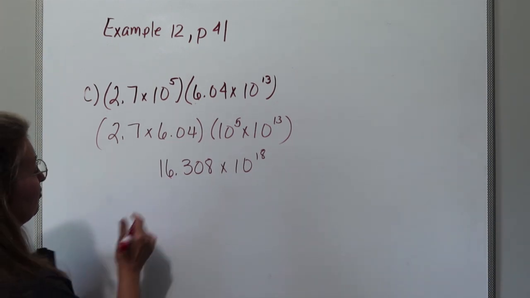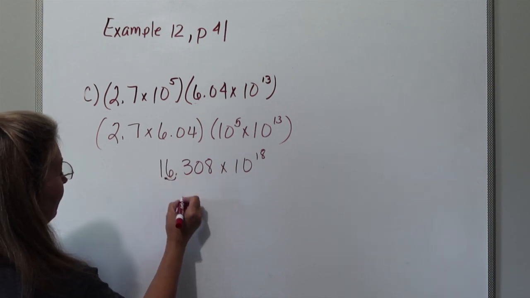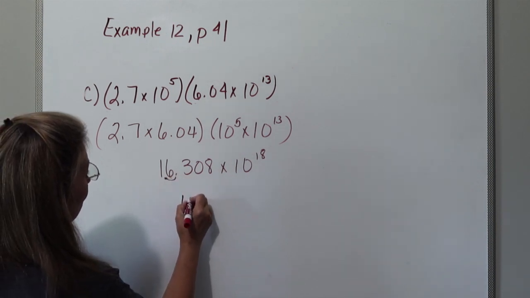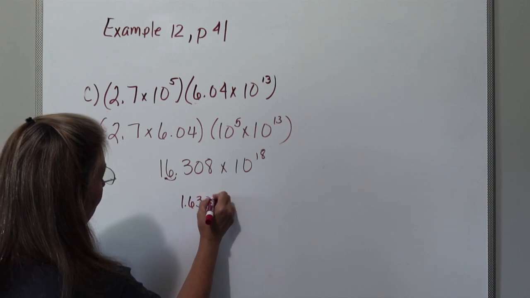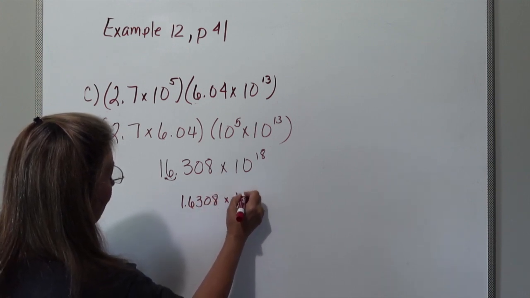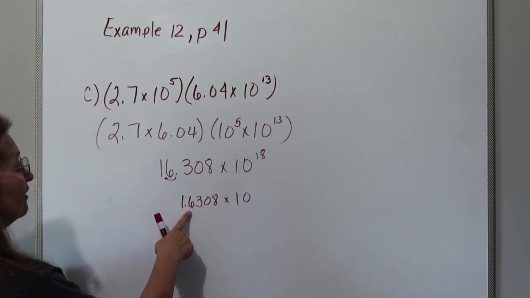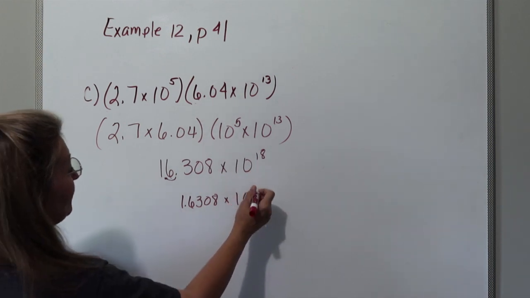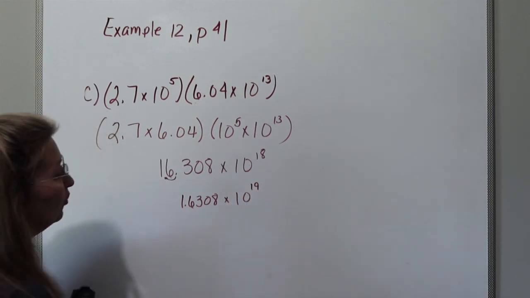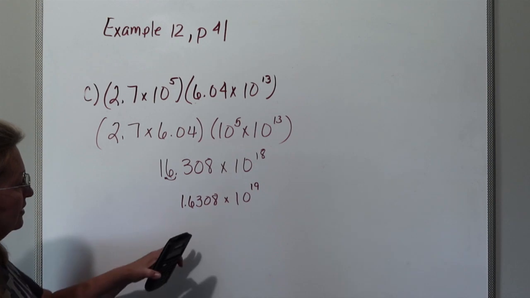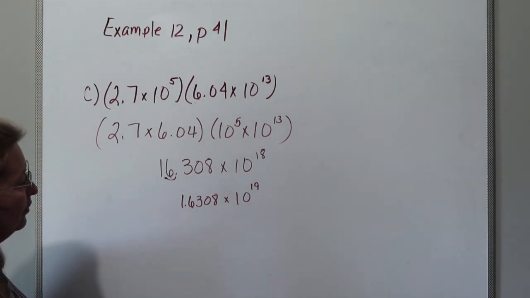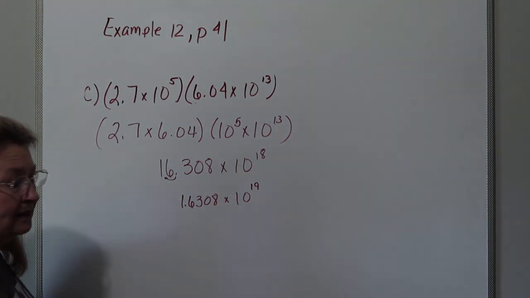So I have to move my decimal one place to the left. That's going to give me 1.6308. And since I moved it one place to the left, I need to increase my exponent by 1.